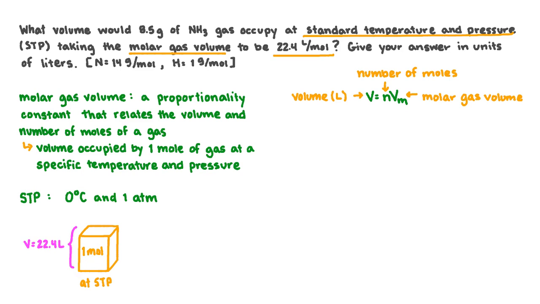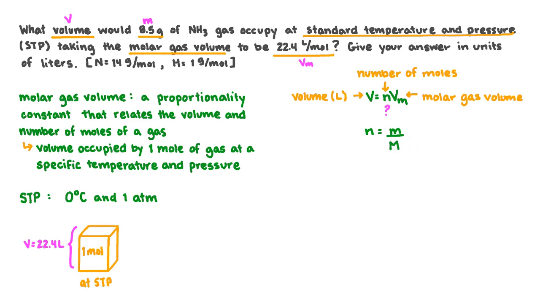The question asks us to determine a volume of gas given a mass and the molar gas volume. As the problem did not provide the number of moles of gas, we will need to convert the mass of NH3 into moles of NH3.